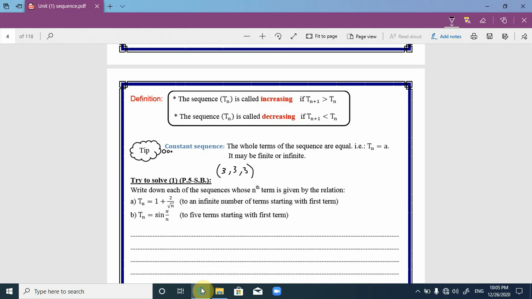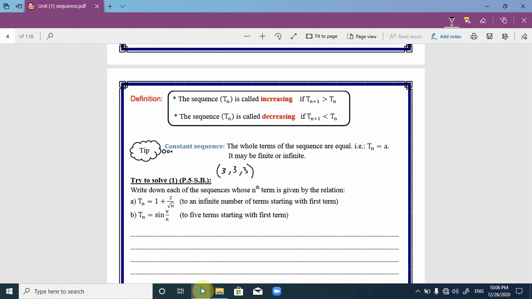Okay, let's see the first example about the sequence. Try to solve number 1. Write down each of the sequences whose nth term is given by the relation. First sequence: Tn, which is called the general rule of the sequence, equals 1 plus 2 over root n, with an infinite number of terms starting with the first term.